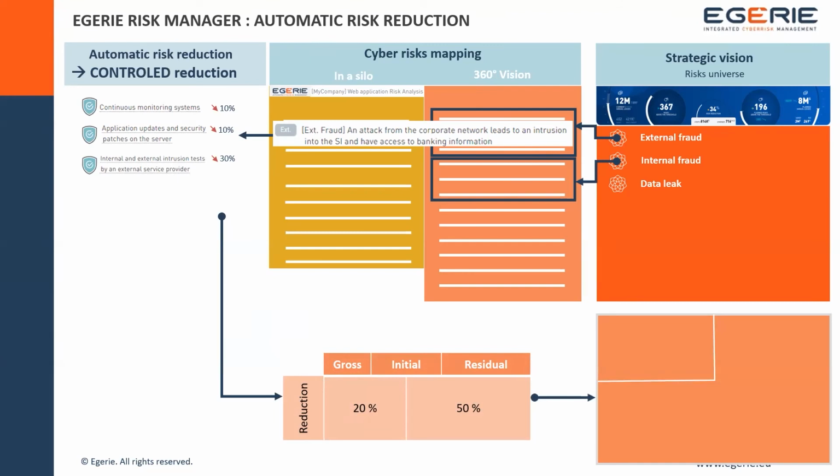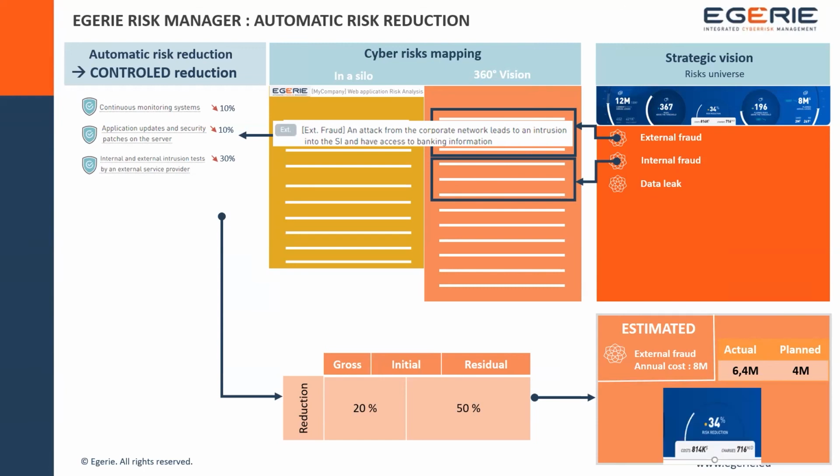So if we go back to the example of external fraud, and you have estimated an annual cost of 8 million, for example. As we know, this is an estimated annual loss. But what is not estimated is the reduction that comes from every risk analysis at a low level, at the system level, that leads this annual loss of 8 million to a 6.4 actual loss and to a 4 million planned loss.